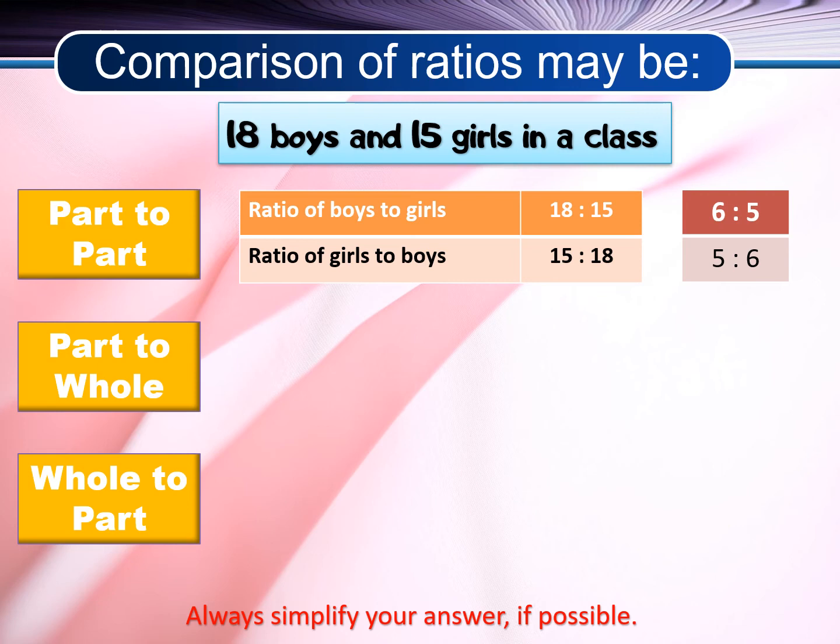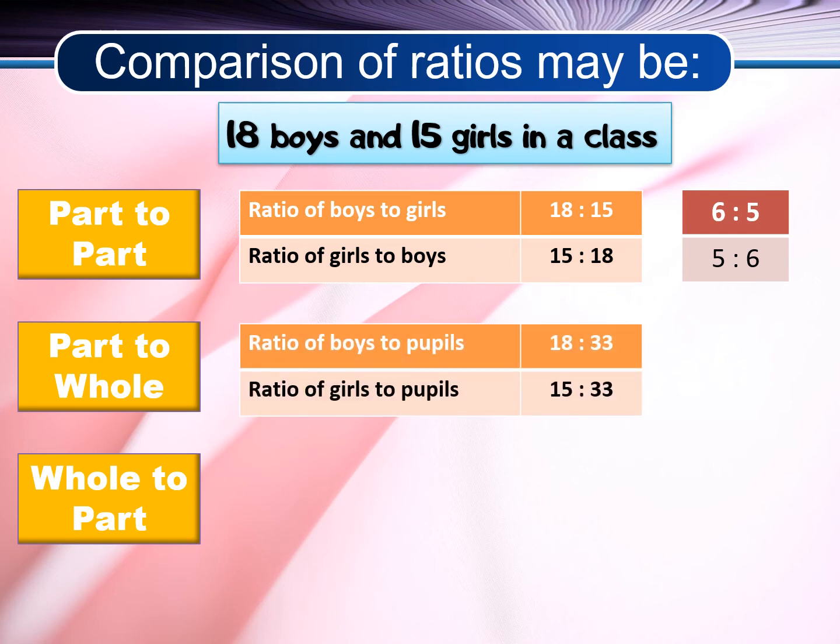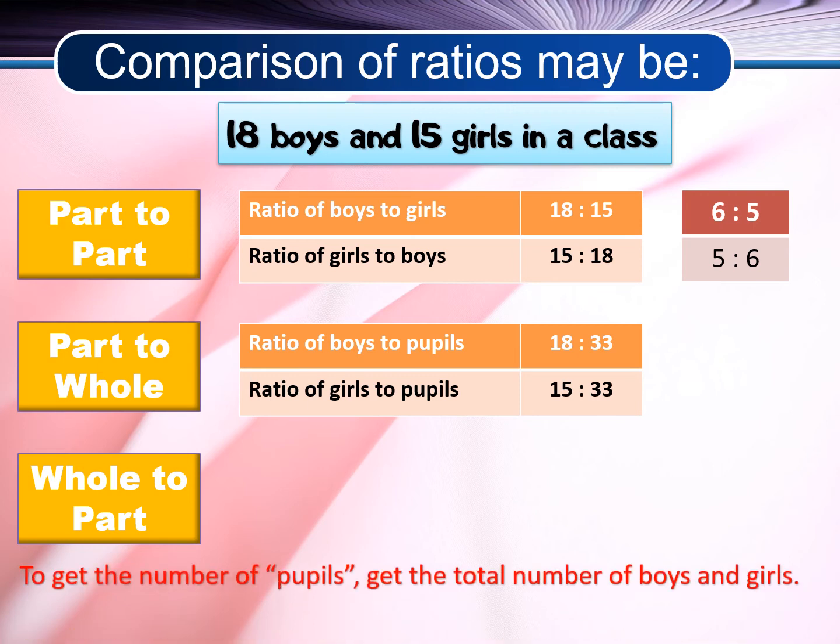Let us have part to whole. We can have the number of boys to pupils or number of girls to pupils. How can we get the number of pupils? Simply add the total number of boys and girls. So, 18 plus 15 is equal to 33. Thus, the number of pupils is 33.